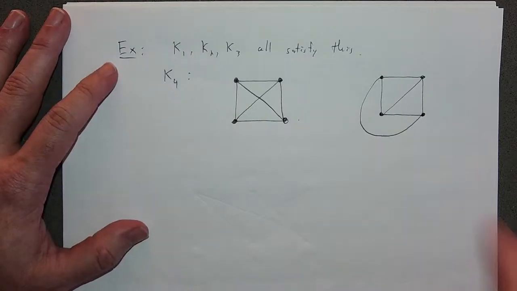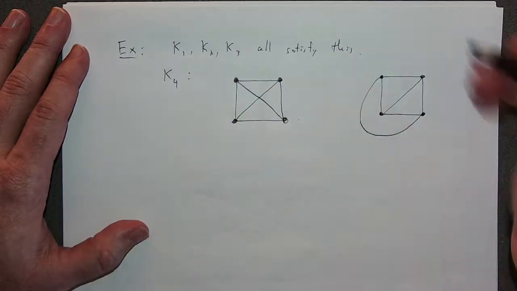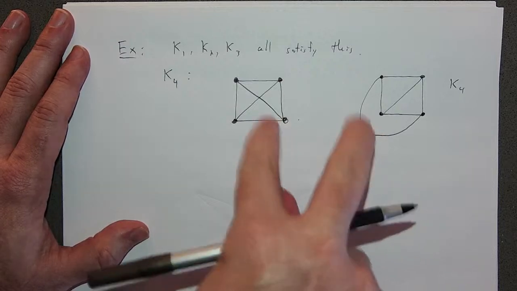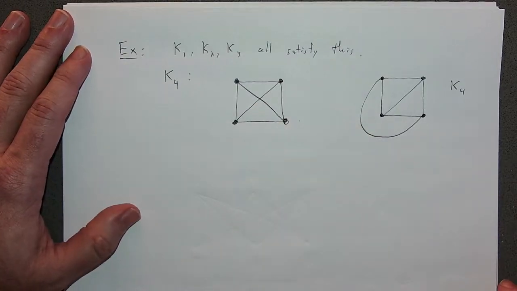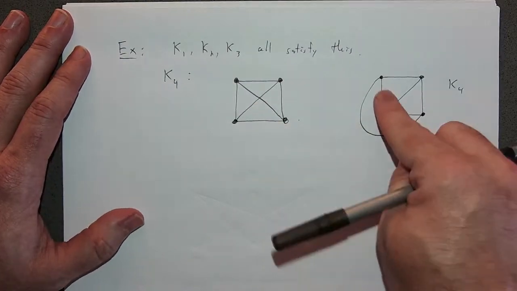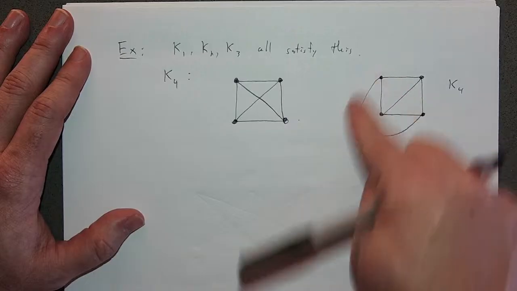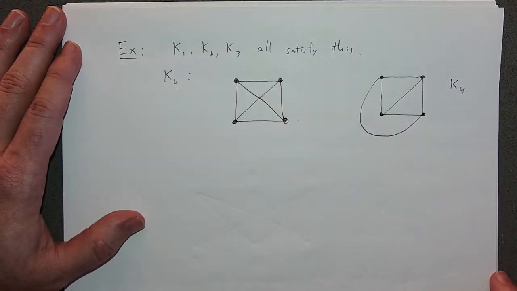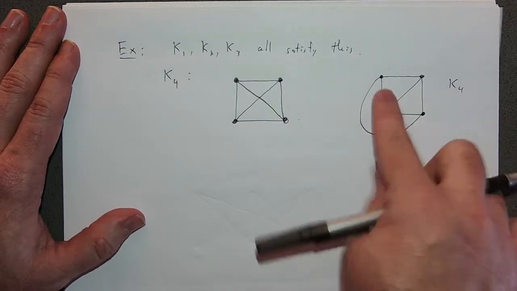Okay. So here, this is K4. This is the exact same as this. These two graphs are isomorphic, right? But I've now drawn this in such a way that all of the edges are present. They all represent exactly what they have to represent, but none of them intersect except at vertices.